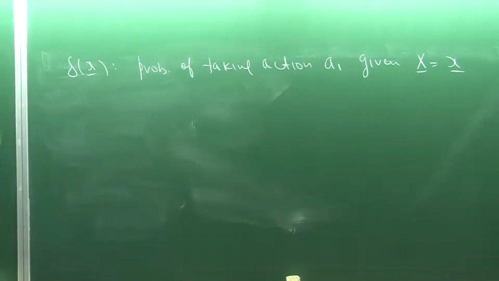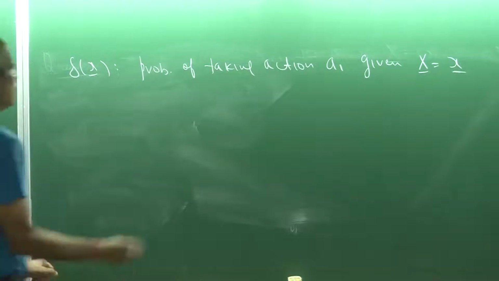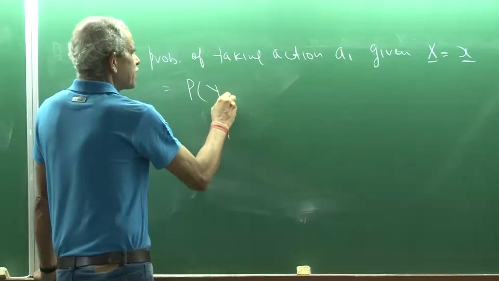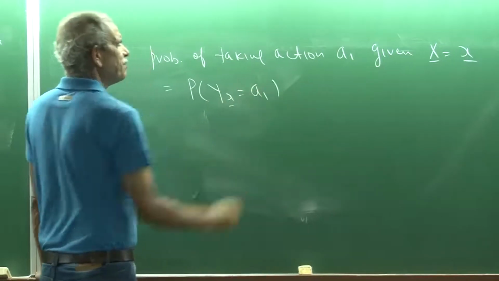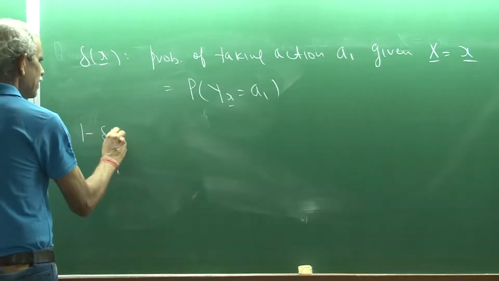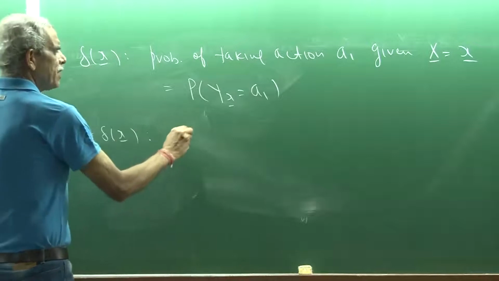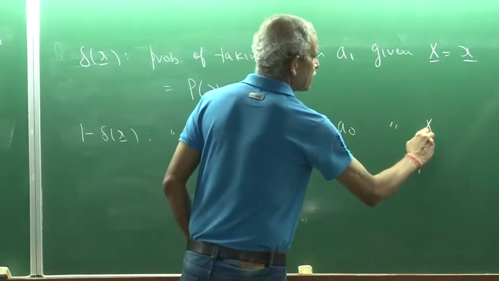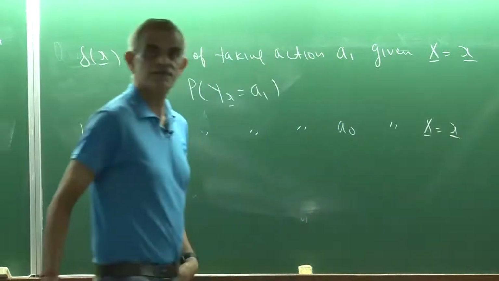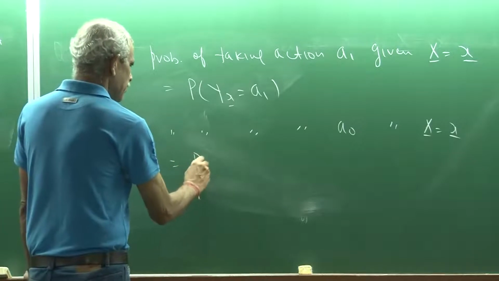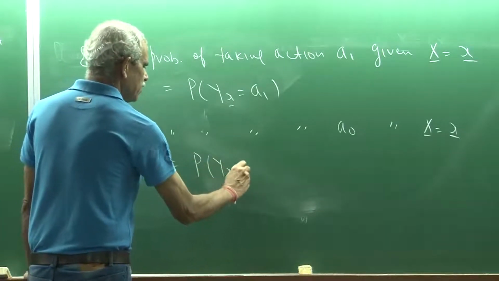So that means the sample is observed as small x. This is also the same as probability of taking xn a1, meaning probability that yx is equal to a1. So 1 minus delta x would be probability of taking xn a0 given X equal to x, which is the same as probability that yx is equal to a0.